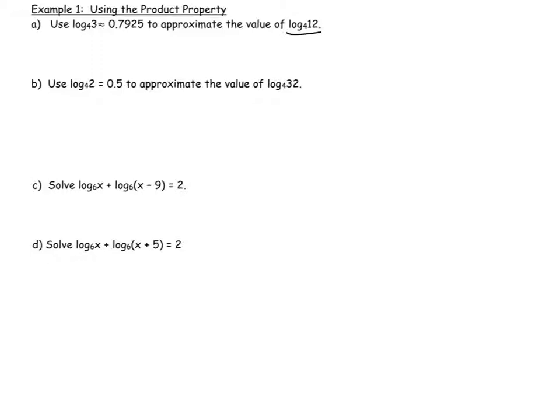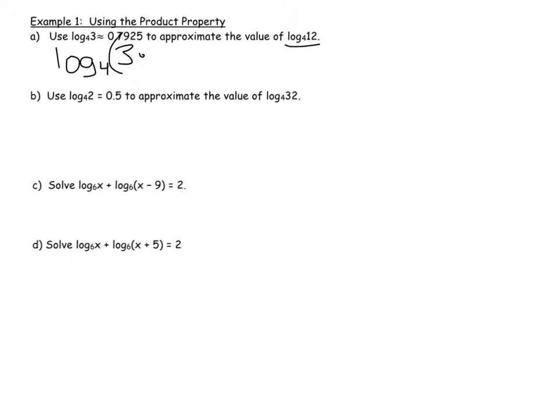So if we take this problem and we know we have to change it into log 4 of 3 because that's what they gave us, we're going to go ahead and write this as log 4 of 3, but I can't just change the 12 to a 3. So I'm going to change it to 3 times 4.